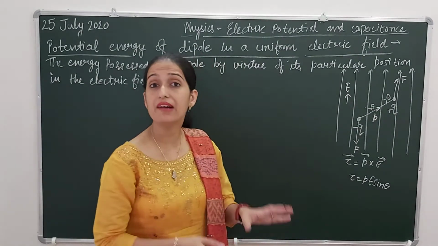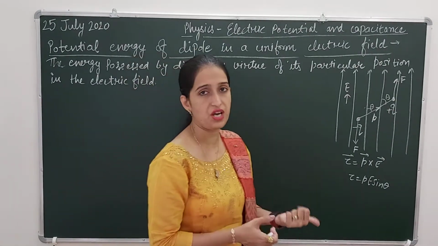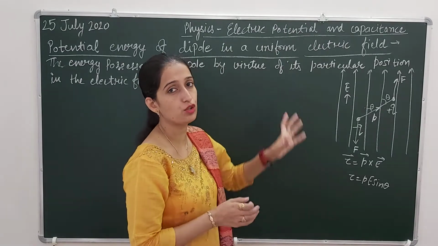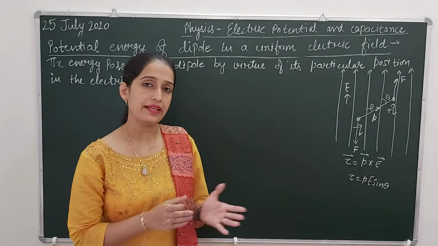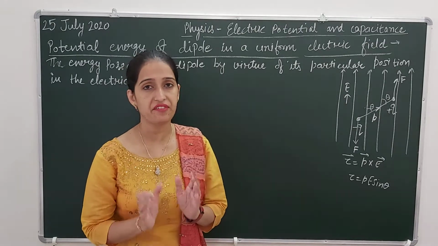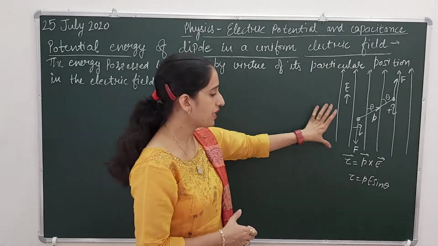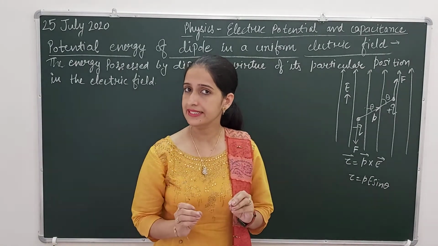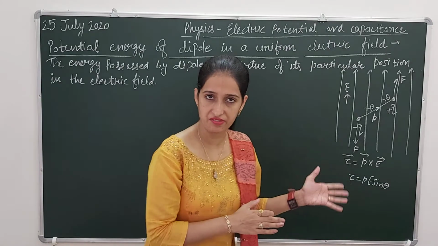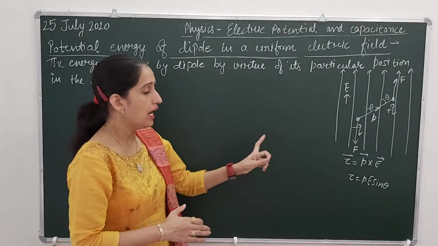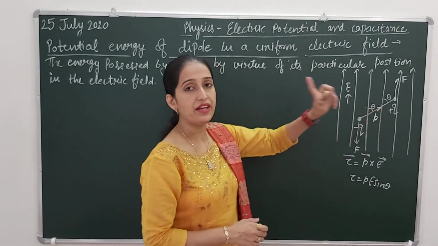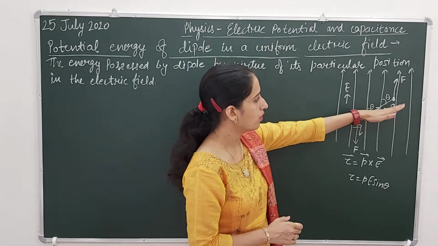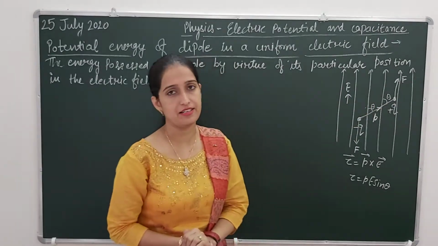This topic we have already discussed in our first chapter. If you want to revise it, you can check the playlist for the torque acting on a dipole in a uniform electric field. Today we are going to use this result: whenever a dipole is present in an external uniform electric field, a torque acts on it, and that torque tries to rotate the dipole in the direction of the electric field.